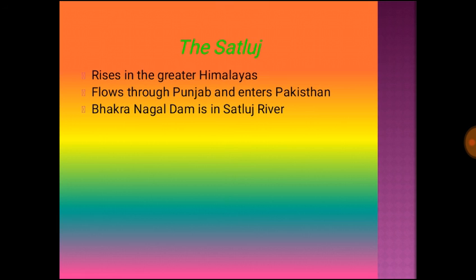The Satluj rises in the greater Himalayas in Tibet and enters India through Himachal Pradesh. It flows through Punjab and enters Pakistan. The Bhakra Nangal Dam is a multi-purpose dam built across the Satluj River. In Pakistan, the Satluj joins with the Indus.